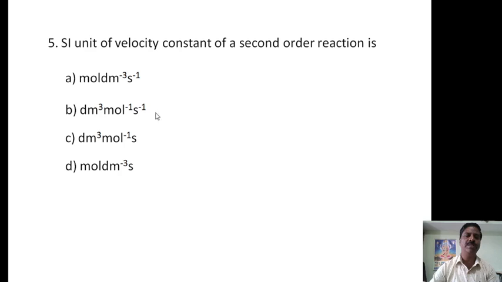You have to select which one is the correct answer for the SI unit of the rate constant of a second order reaction. I will give you 10 seconds again, to choose the correct option among the following.